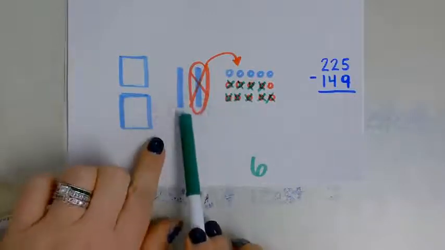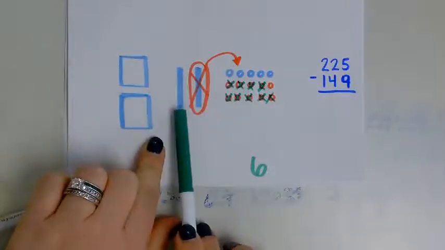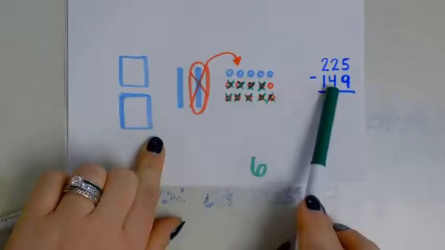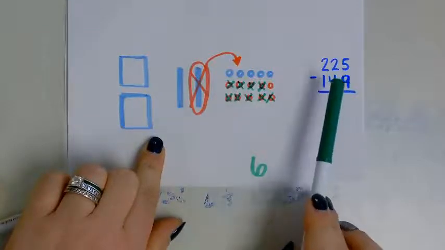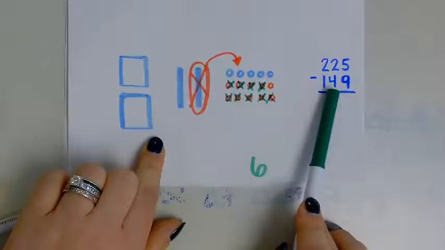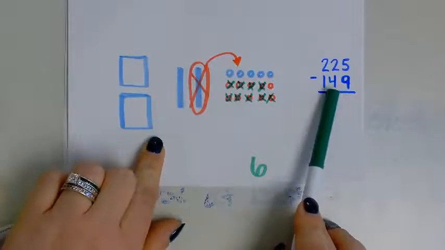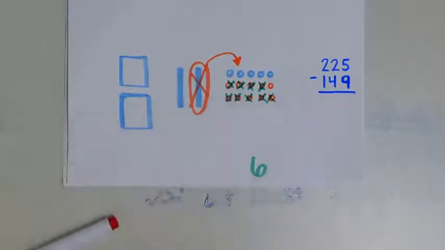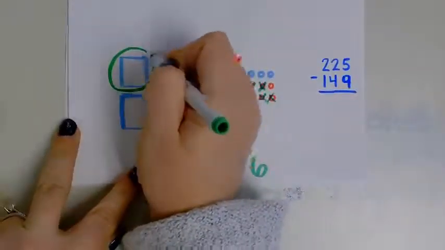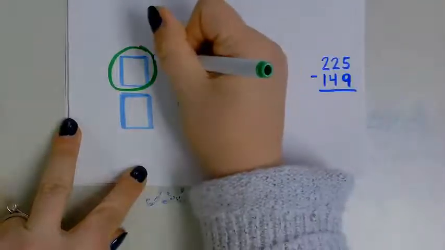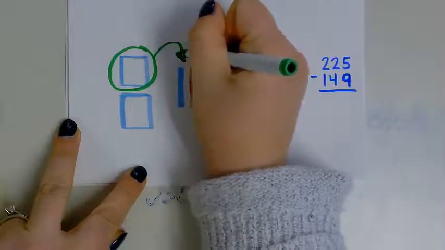But now I only have 1 10 stick left. I don't have enough 10 sticks to take away 4. So I need to regroup again. In order to do that, I am going to go and get a group of 100, and I am going to take that group of 100 and I'm going to move it to the tens place.